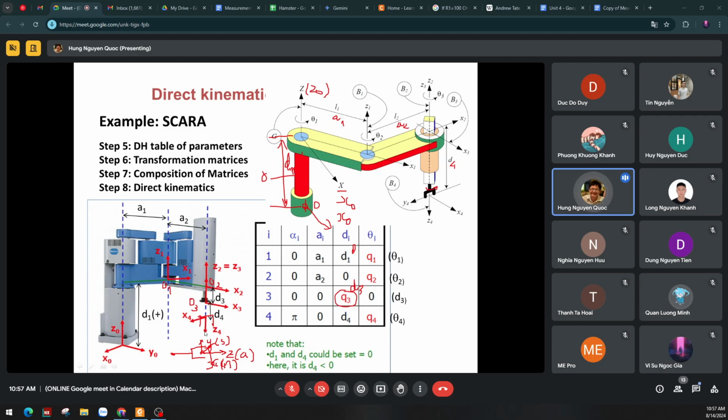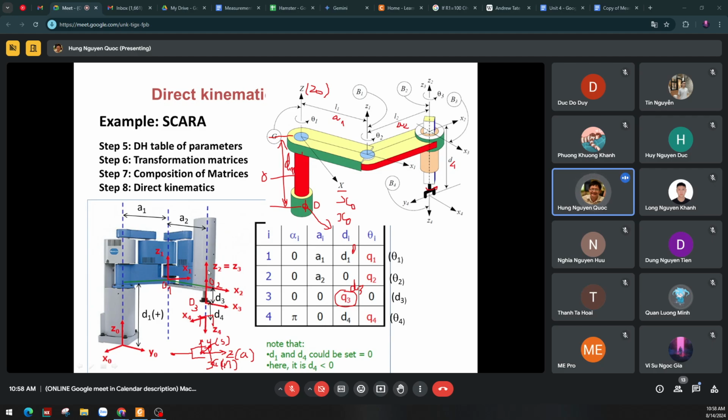And of course D4, the distance from here to here, they are fixed. Imagine if you put the tool here, so this is the length of the tool. And for theta, it is theta 1. In this case, we cannot find what the angle is, because we plotted an arbitrary position. So theta 2 is always a variable because this is the revolute joint.